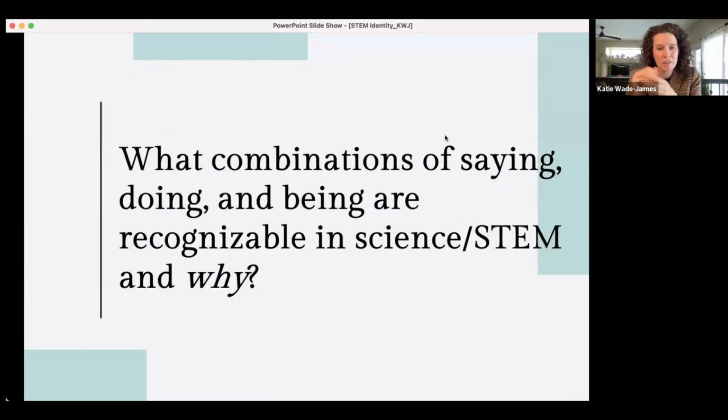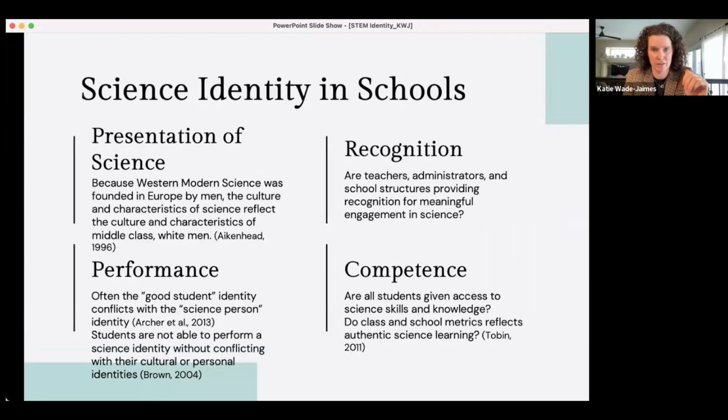All right, so what we're going to look at now is then what are the combinations of saying, doing, and being that we recognize in science and STEM, and why are those combinations recognized? So when we think about science identity in schools, and this is where most of our students, most people get their idea of what science is, right, and what counts as science or not. We first think about this presentation of science, right?